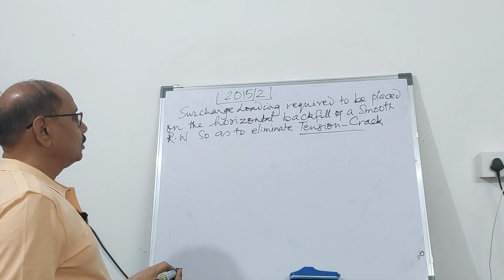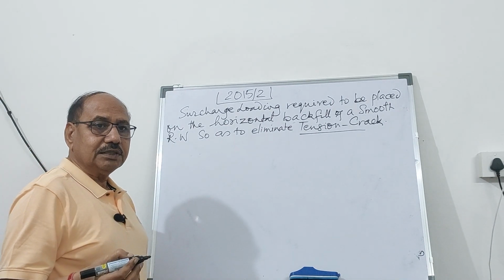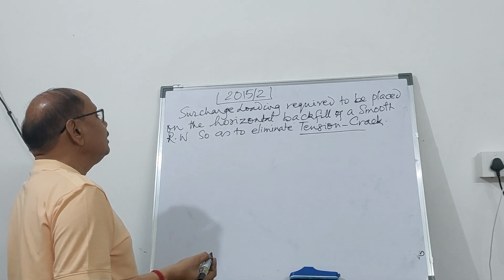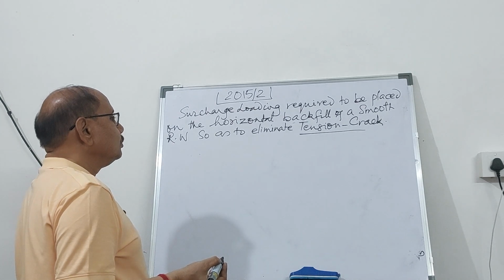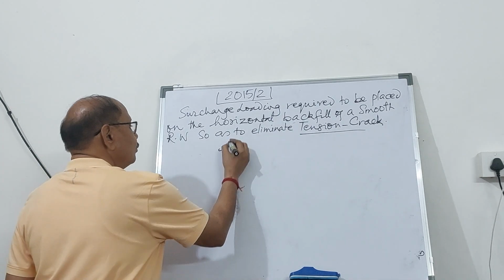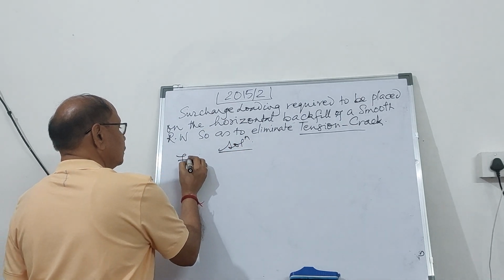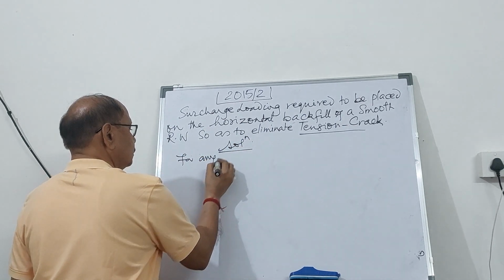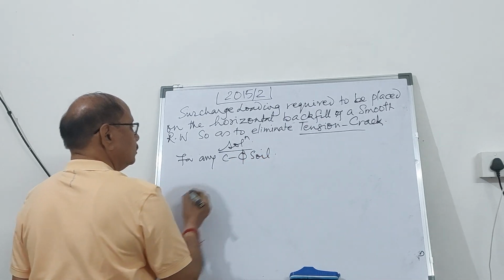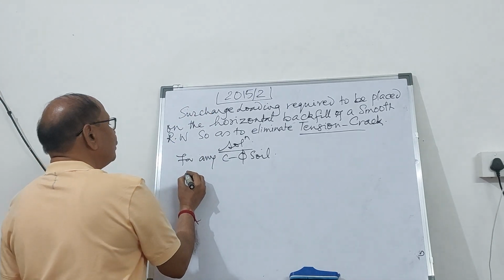Right? So if you want to remove the tension crack which comes in c-phi soil or purely cohesive soil, you know that for any c-phi soil, what is the tension at the top?